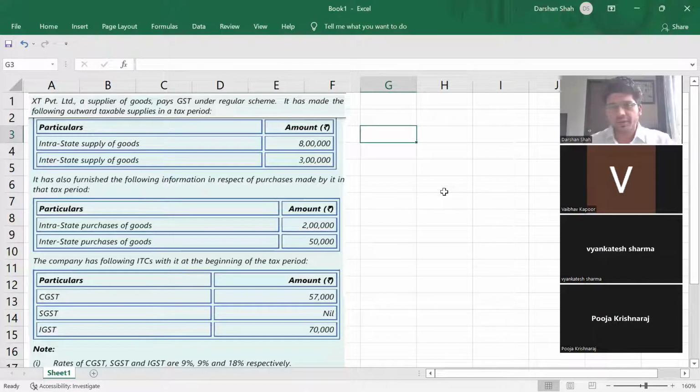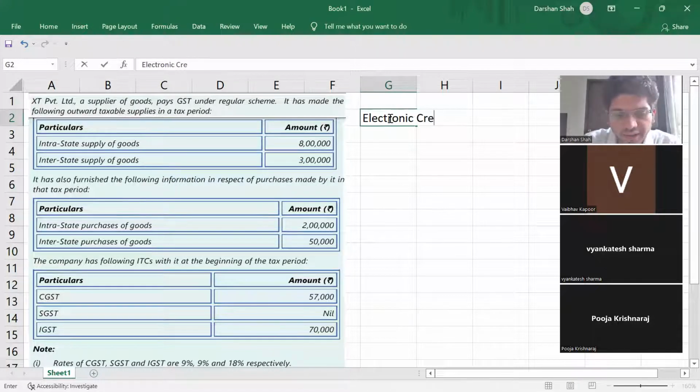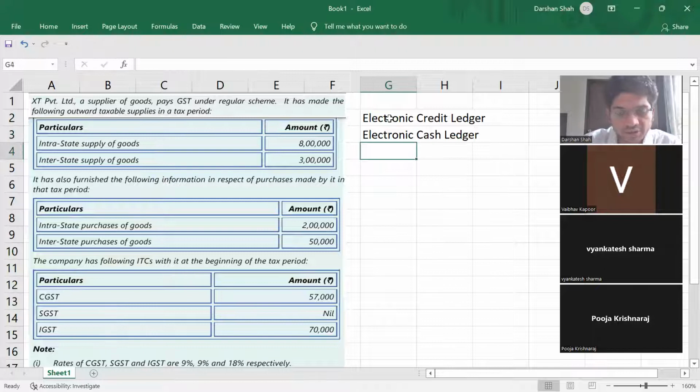Right. So tell me guys, what was the electronic credit ledger? I explained 3 types of ledgers, right? Electronic credit ledger, then electronic cash ledger, and what was the third one? Electronic liability ledger. So your actual payable liability will appear in the electronic liability ledger.